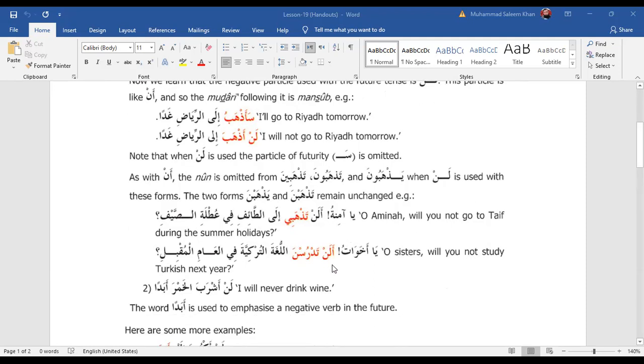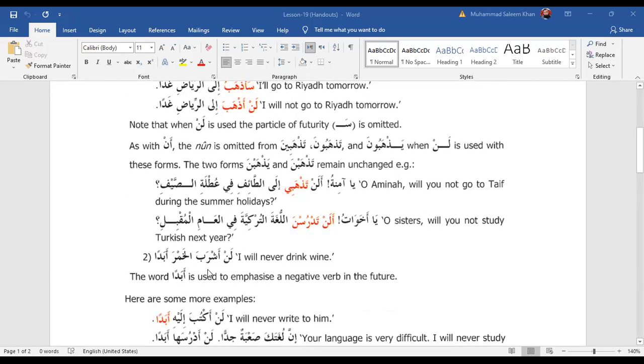And if we have the feminine plural, no change takes place. For example, ya akhawatu alan tadrusna al-lughat al-turkiyyata fil aam al-muqbili. O sisters, will you not study Turkish next year? No grammatical change has taken place; the ending has not changed.